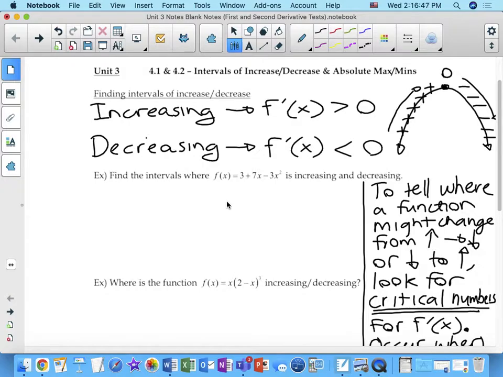So the point where the slope of the tangent line is horizontal tells us the function is going to switch from increasing to decreasing or vice versa. Maybe not in other cases, but in this case it will. So we've got to be conscious of that.